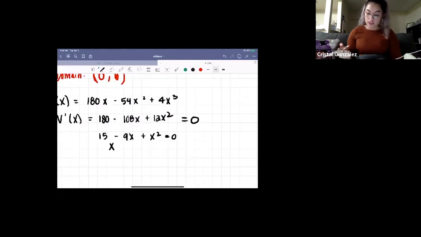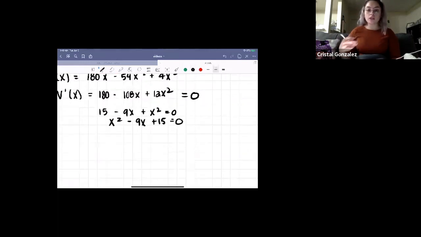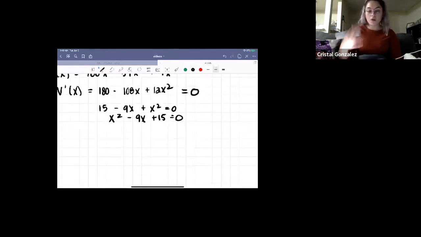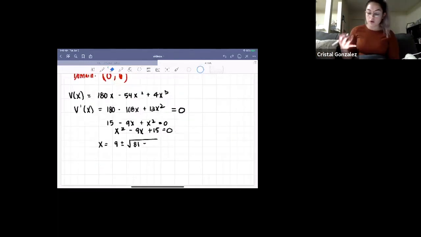And then I'm going to do x squared minus 9x plus 15 equals 0. And now we can try either factoring or we can do the quadratic formula on this. We'll get 9 plus or minus the square root of 81 minus 60, divided by 2.